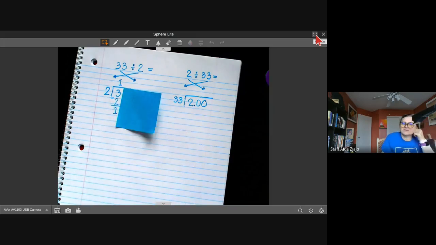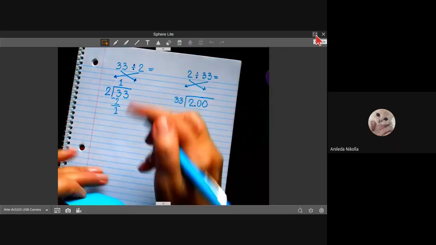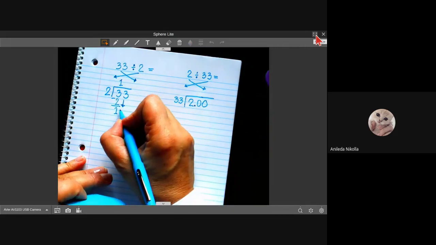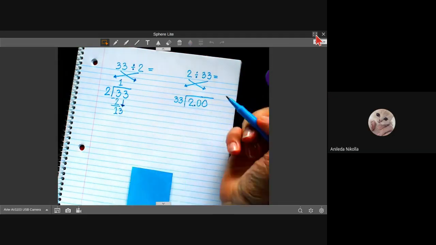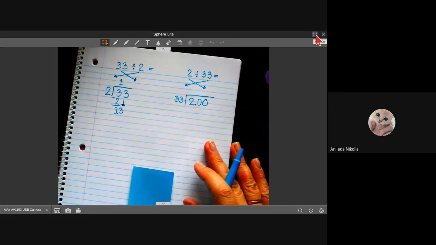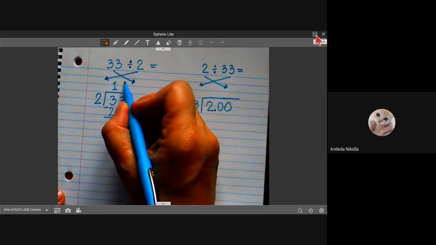Okay, did I do it right? Then you carry down the other 3 from the other row. Okay, and then what do I ask? Then you ask yourself how many 2s are in 13, and that is 6. Okay, 6, correct.